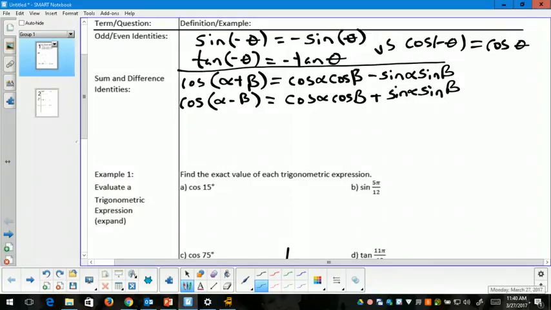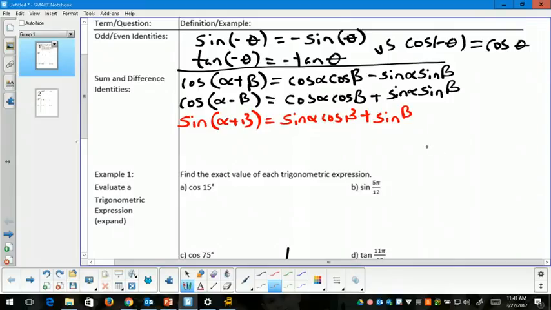So what's happening inside of the angles is the opposite of what happens on the other side of the equation. And then we also have a rule for sum and differences of sine. Here's the sum for sine. Sine of alpha plus beta is going to be sine alpha cosine beta plus sine beta cosine alpha.